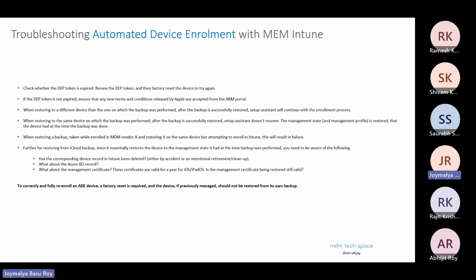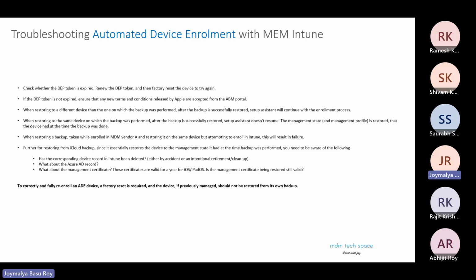Troubleshooting is this. First step is you will check whether the token has expired or not. If you need to renew the DEP token, then a factory reset will be required. If the DEP token is not expired, then ABM Business Portal every year comes up with a new terms and conditions page.